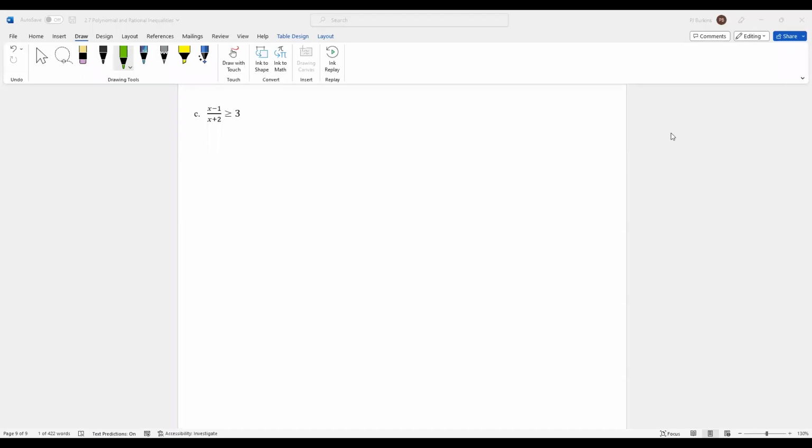All right, this is our last example. You'll notice that this is the first one we've dealt with where the right-hand side is not 0. So we do have to move the 3 over first before we do anything else. We'll do that by subtracting 3 to the other side. So this is (x minus 1) over (x plus 2) minus 3 greater than or equal to 0.